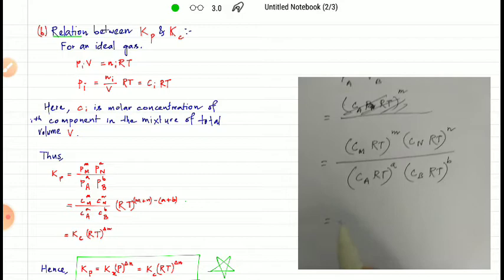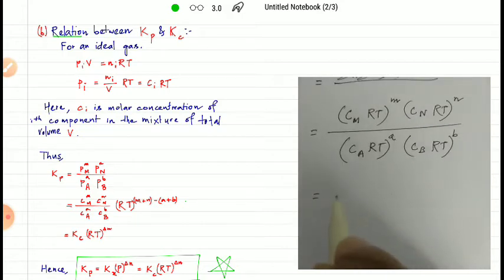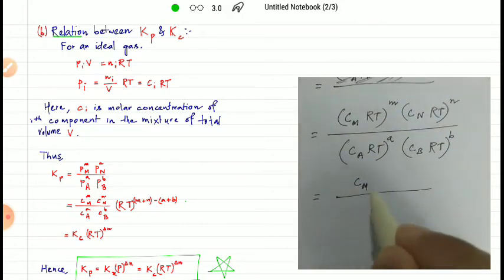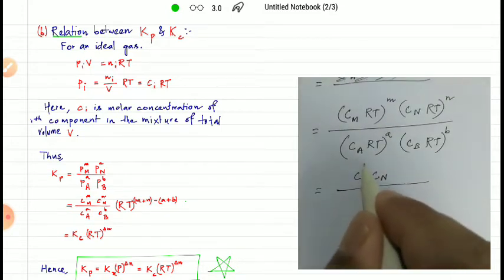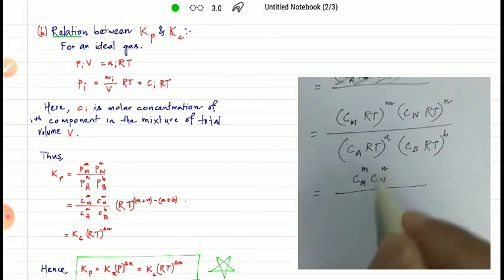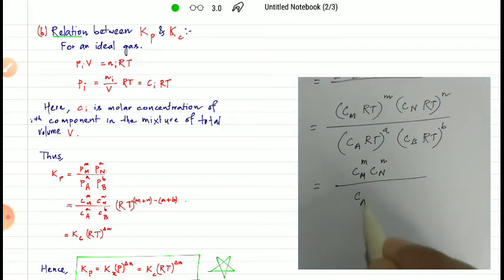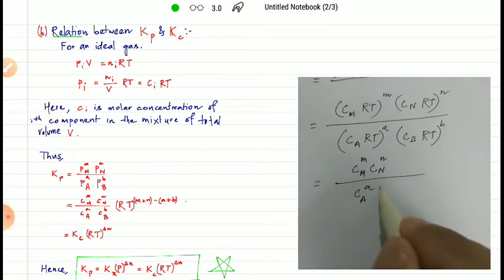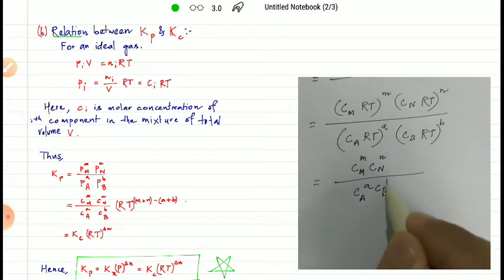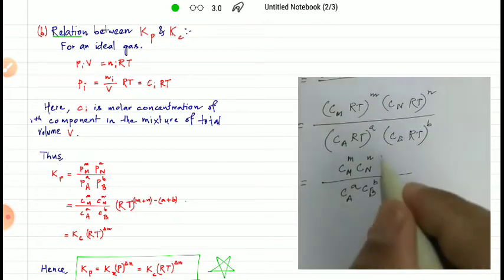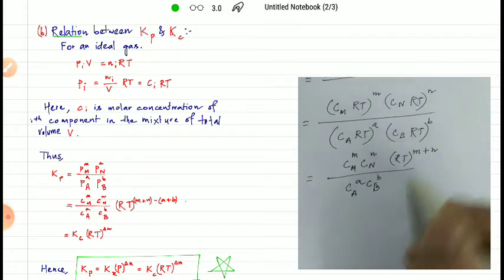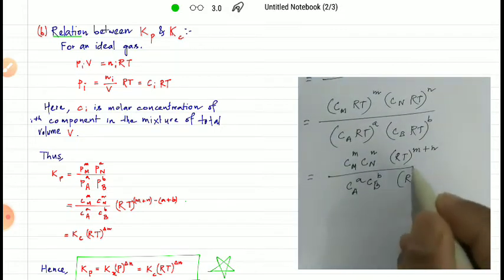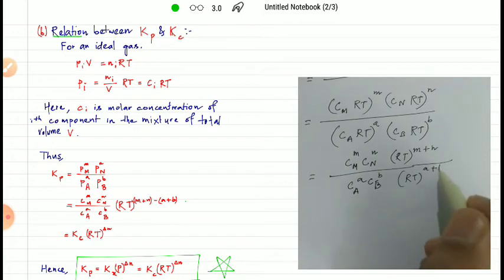So now we can take CM to the power m, CN to the power n, over CA to the power a, CB to the power b, but here it will be RT to the power m plus n over RT to the power a plus b, simple mathematics.